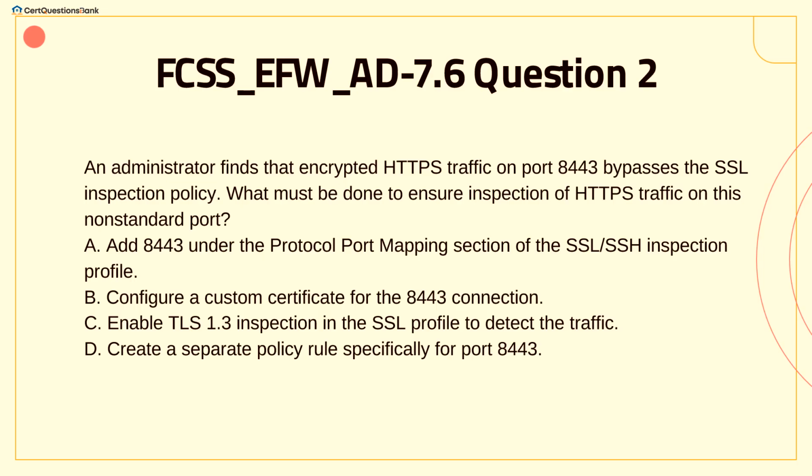A. Add 8443 under the Protocol Port Mapping section of the SSL/SSH inspection profile. B. Configure a custom certificate for the 8443 connection. C. Enable TLS 1.3 inspection in the SSL profile to detect the traffic.